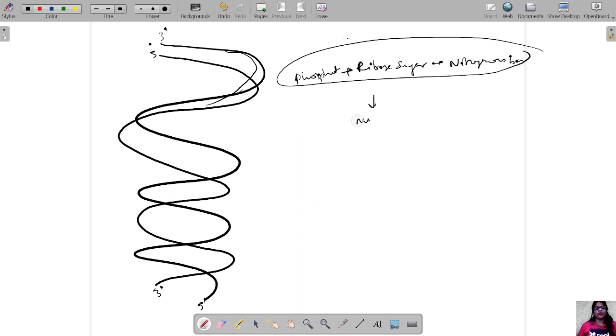Each strand is made of polydeoxyribonucleotides for DNA, with many nucleotides. Ribose sugar plus nitrogen base is called a nucleoside.